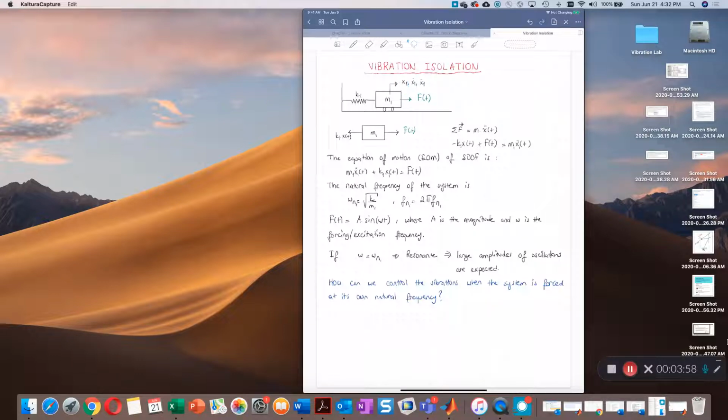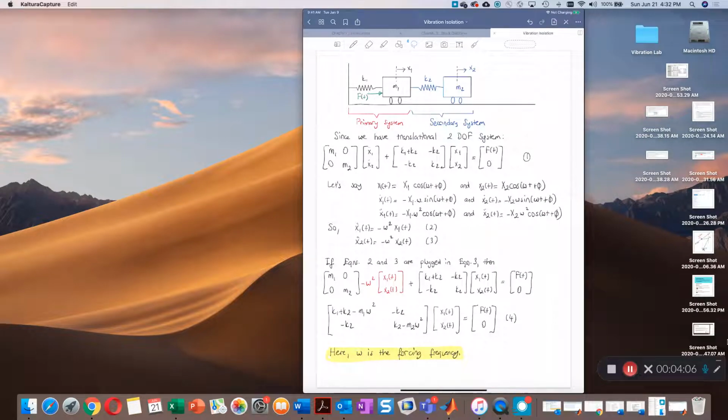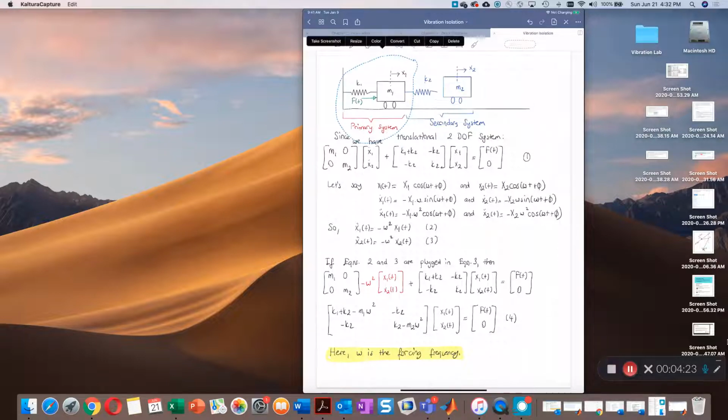I will expect really large amplitudes of oscillations when omega is equal to omega 1. However, I'm trying to design a vibration isolator, which we are going to call a passive vibration isolator, by adding a secondary system to my primary system. So let's see this sketch. I have a spring, a mass, and this is my first system, the primary system.